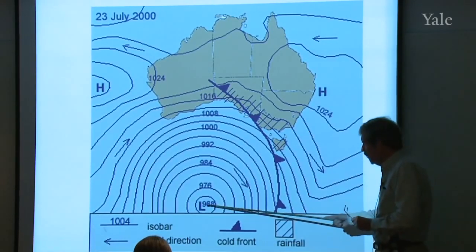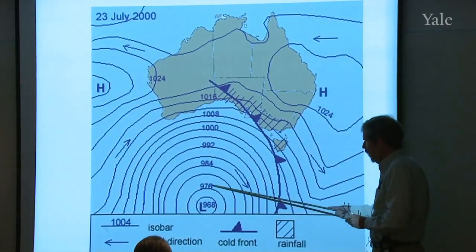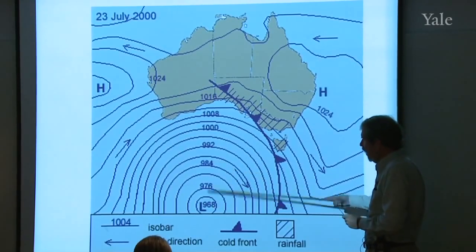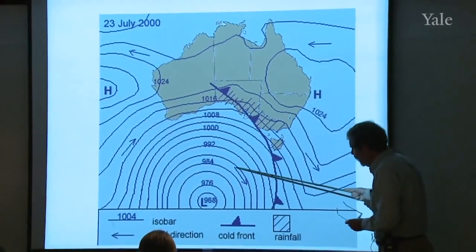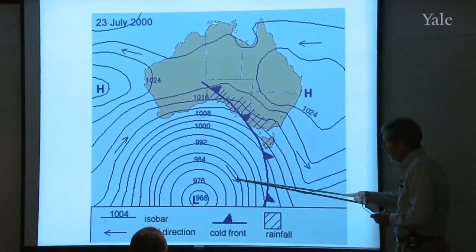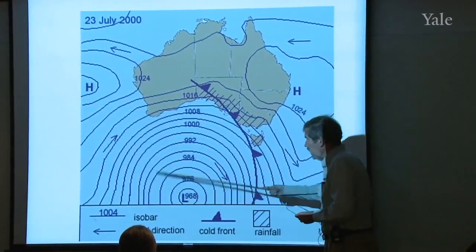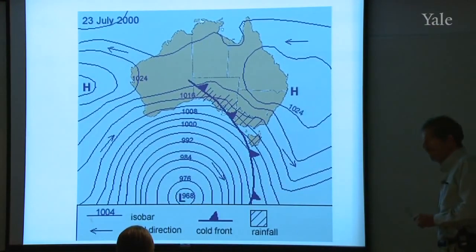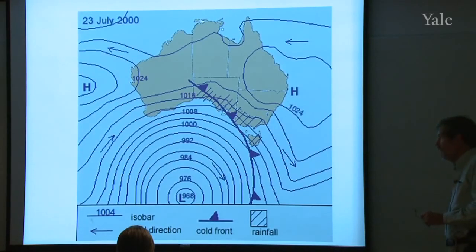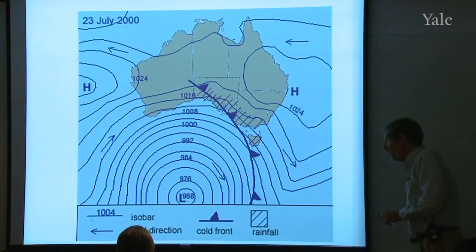And the sea level pressure is given there, 968 millibars, 976, getting higher as you go away. And they've drawn the arrow indicating the direction of circulation. And indeed, it is clockwise. So the circulation around this cyclone is opposite to what it would be if we were in the northern hemisphere because the Coriolis force has a reversed sign.